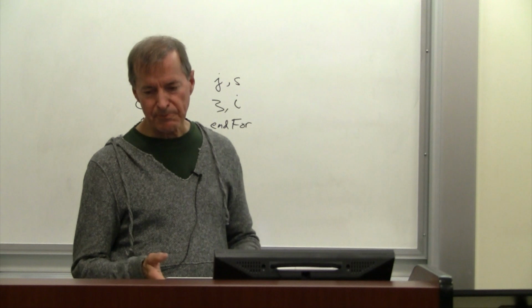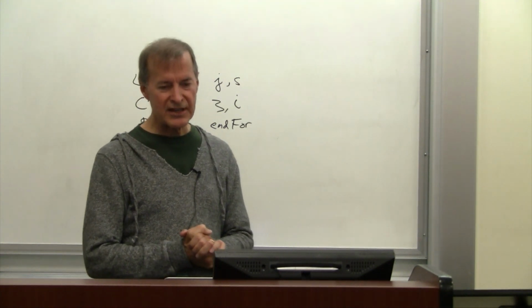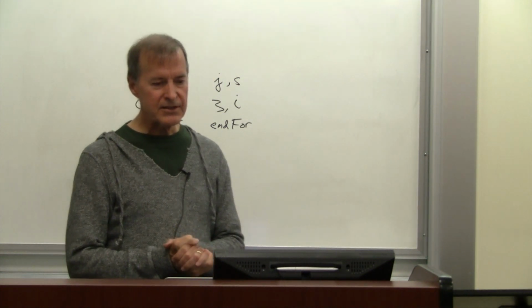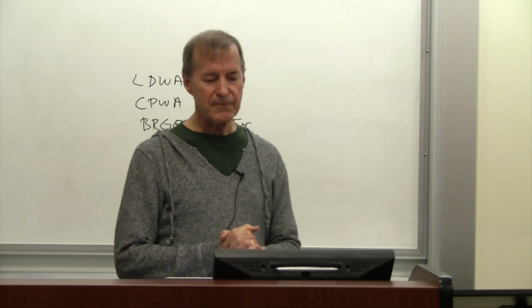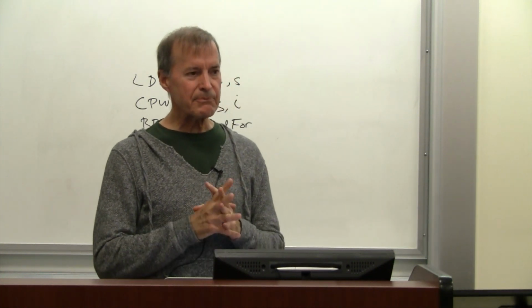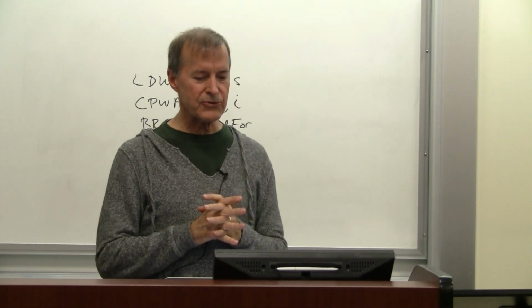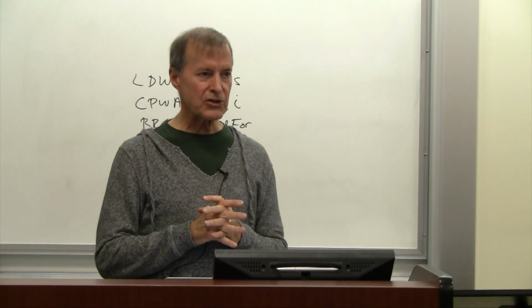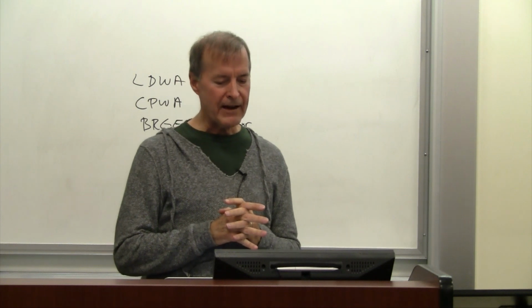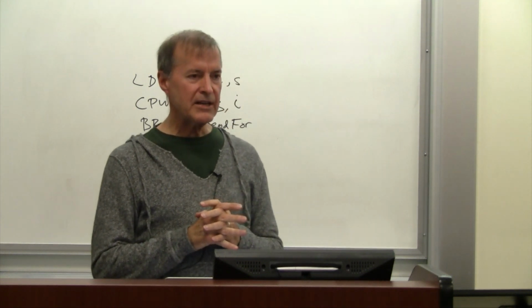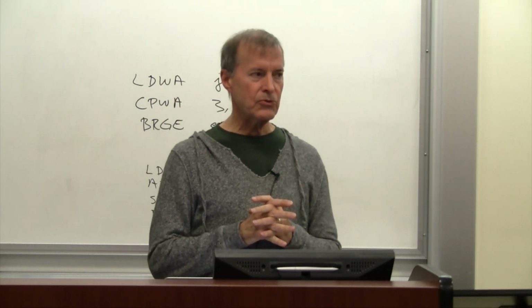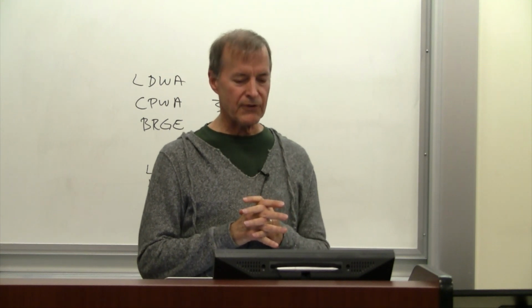Okay, so that's the first part of our goal for today, these flow of control issues. And now the second thing that we want to do today is to learn how the compiler translates function calls. Now, what we're going to need are two new instructions to call a function.